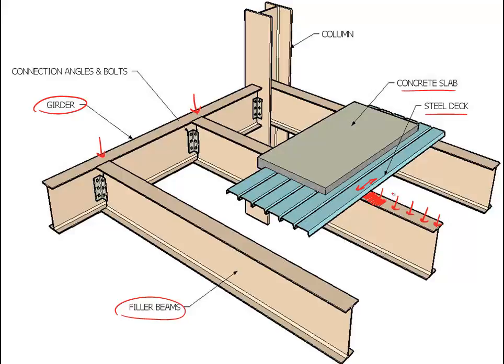And what that does is when the top flange is the flange resisting compressive stresses, that's going to limit the tendency of those beams to buckle. And so the presence of that steel deck and concrete slab can be very important to us in normal building structures.